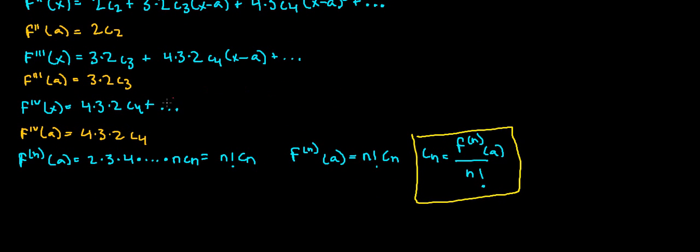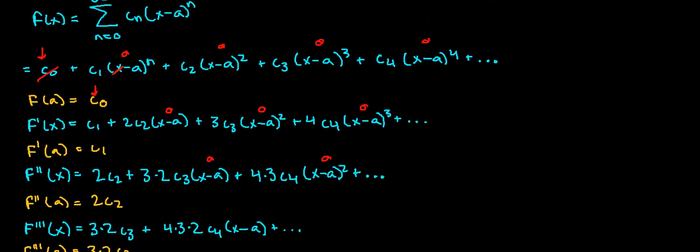And we see this effect where it's 4 times 3 times 2 because we keep decreasing the power every single time. So we started here with a term that goes to the 4th power. We take the derivative, the 4 comes down, and now the power is reduced to 3, and then we take the derivative again.